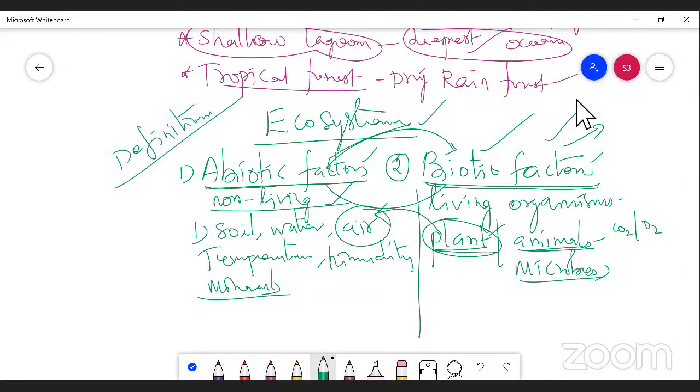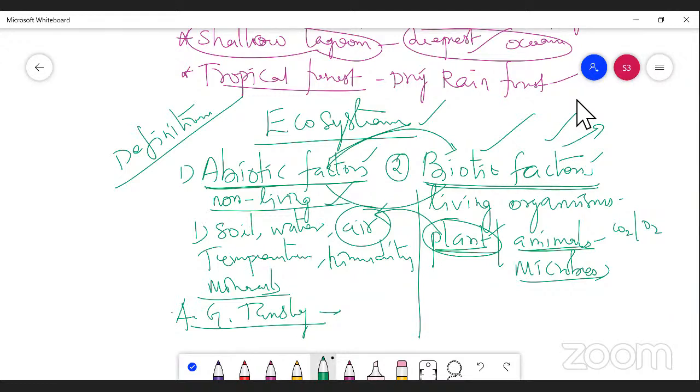The definition of ecosystem was given by the important scientist A.G. Tansley. So an ecosystem includes two components, two communities: biotic factors and abiotic factors.